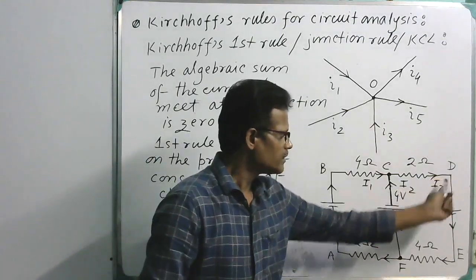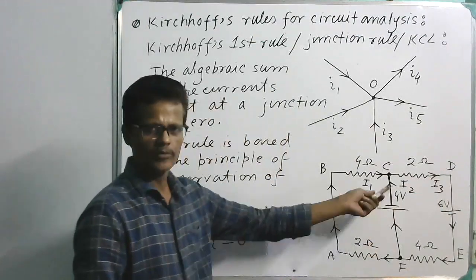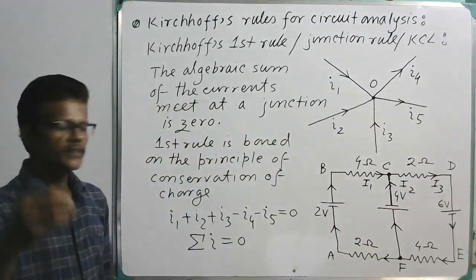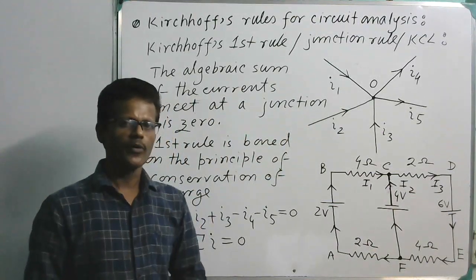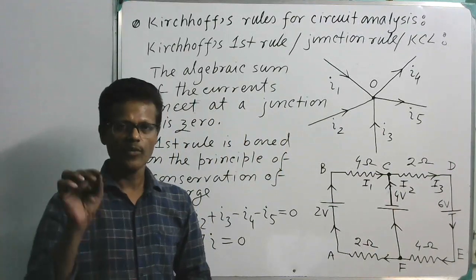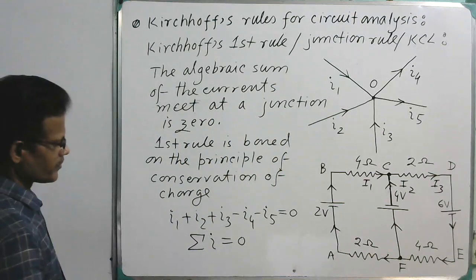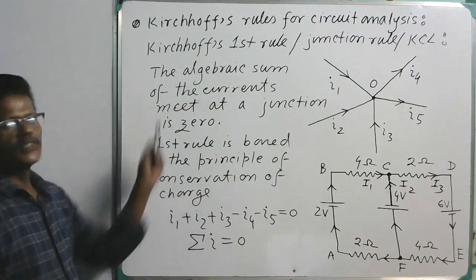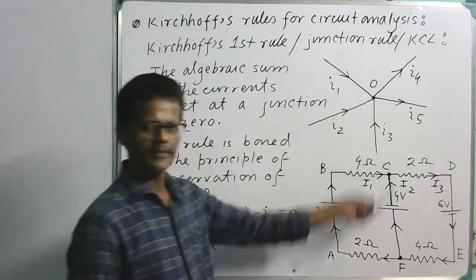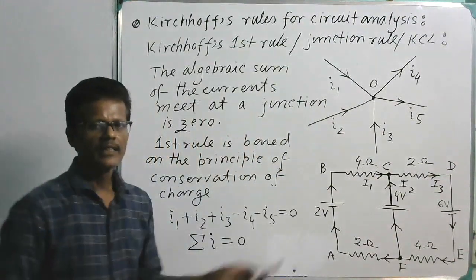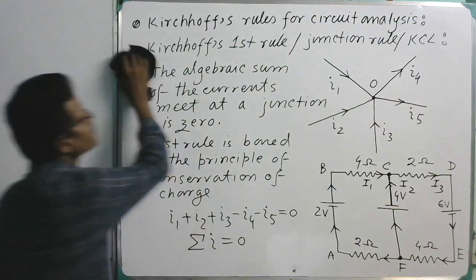Suppose I3 may enter, I2 may leave, I1 may leave. You will come to know after solving the problem whether the values of current are positive or negative. So the first rule is over. The task for this rule is the assignment of current in different branches.